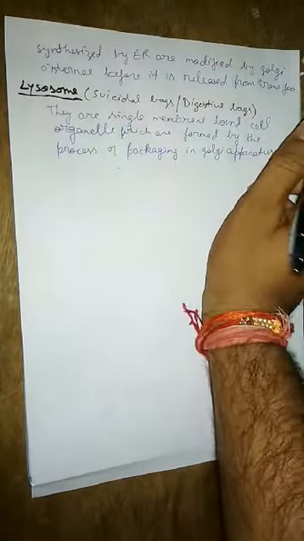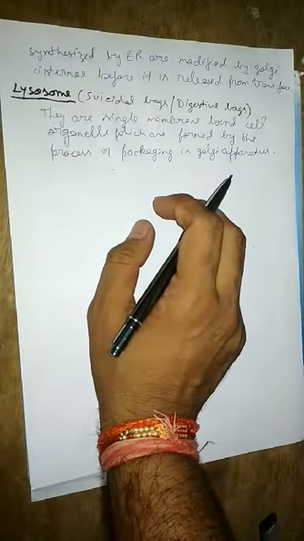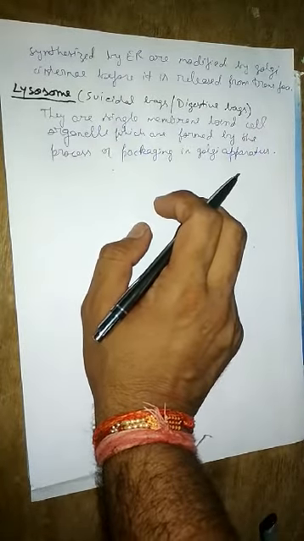So it is very important that the formation of lysosomes takes place from the Golgi apparatus as a result of packaging.